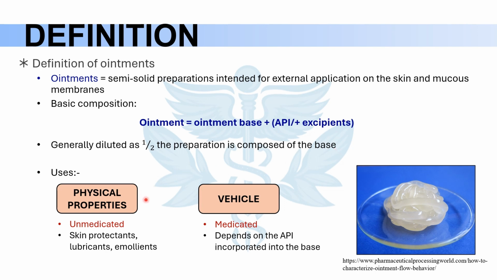Ointments can be used for their physical properties if they are unmedicated, such as skin protectants, lubricants, and emollients, or as a vehicle if the ointment is medicated. And depending on the type of active constituent that we incorporate into the base, our ointment can serve several therapeutic effects. So we can use it for several skin conditions depending on the active constituent that we incorporate into the base.